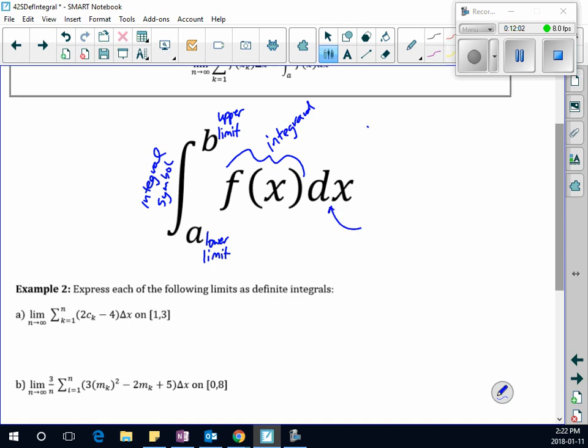And because it's dx, just like when we were finding the derivative d dx, it's telling you what variable you are integrating. Integrand, like grand, G-R-A-N-D.